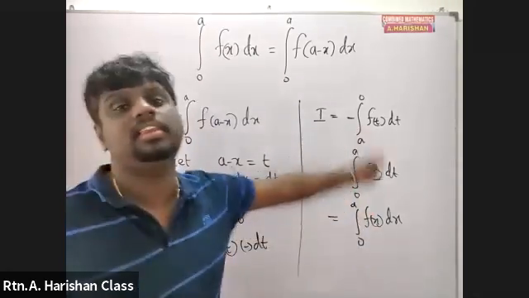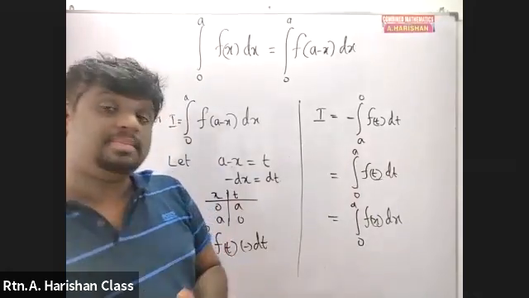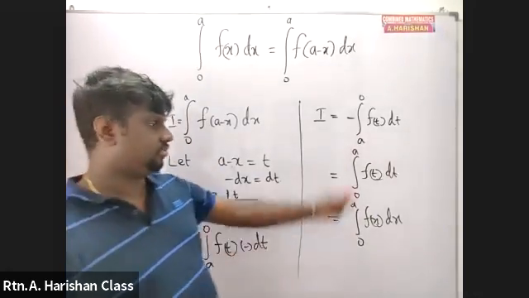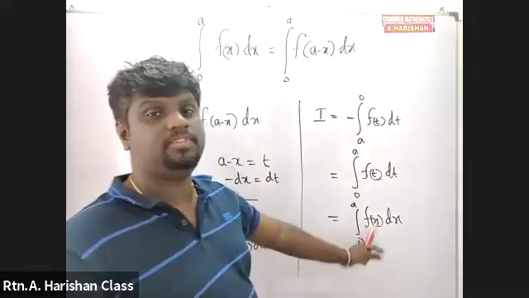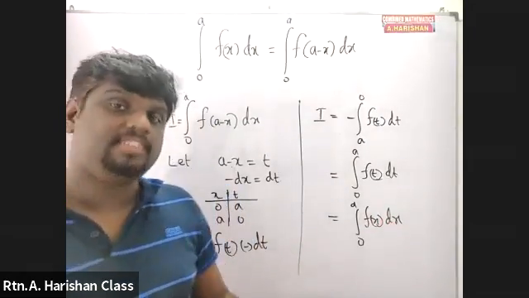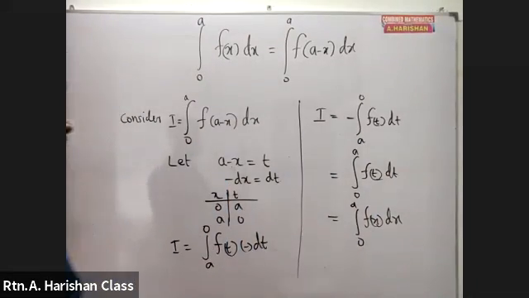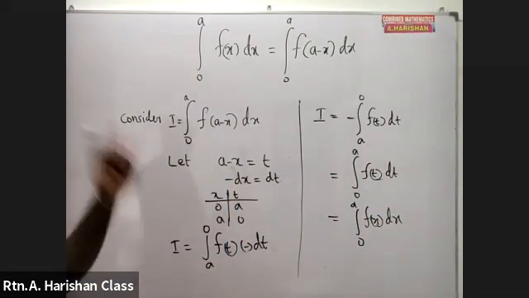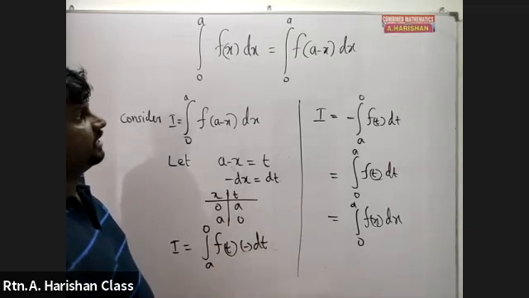So this is going to be a finite value in numbers, since the limits are given, right? 0 to a, 0 to a. So f t dt, you can put f x dx, or f y dy, or f u du, or anything. So please copy this down. Very, very important proof. Right.